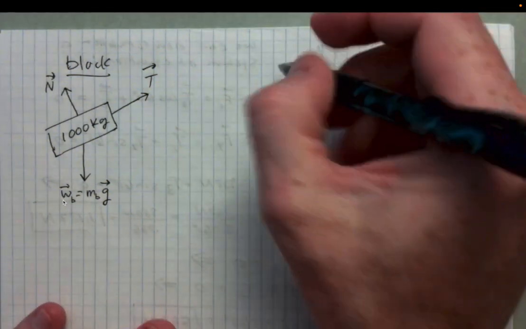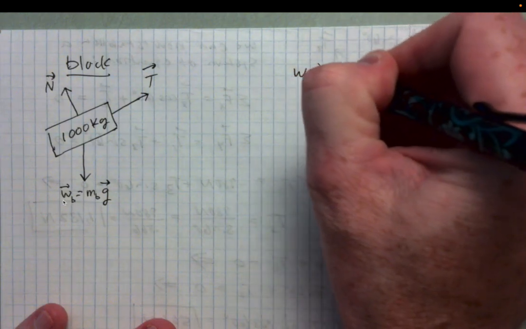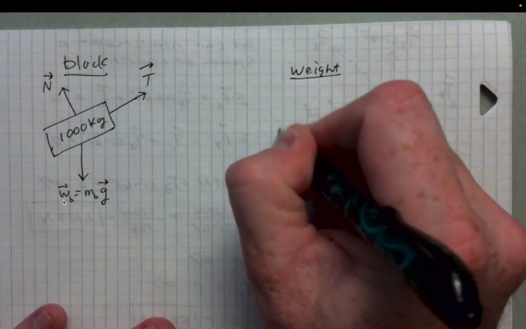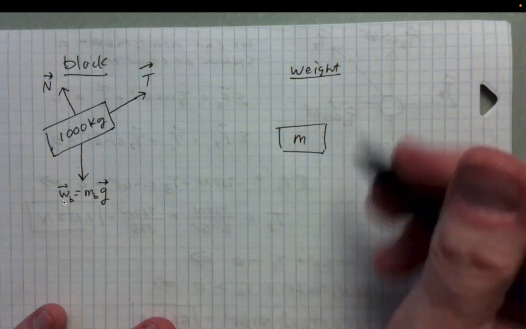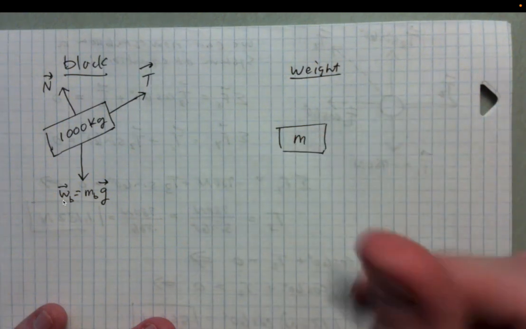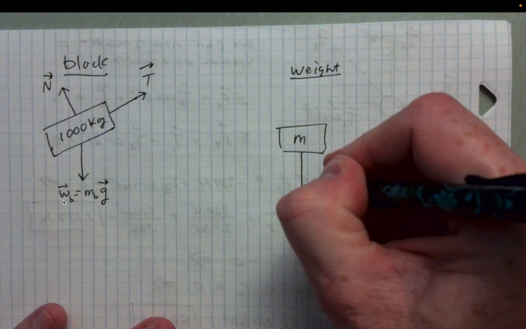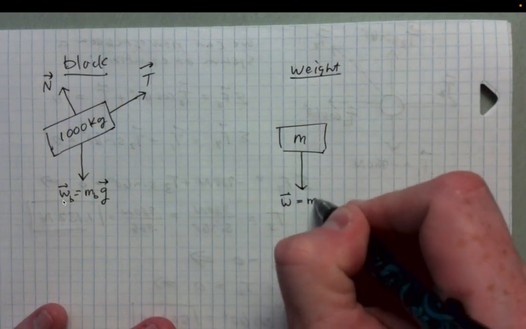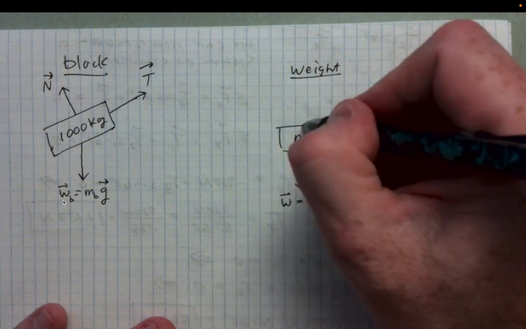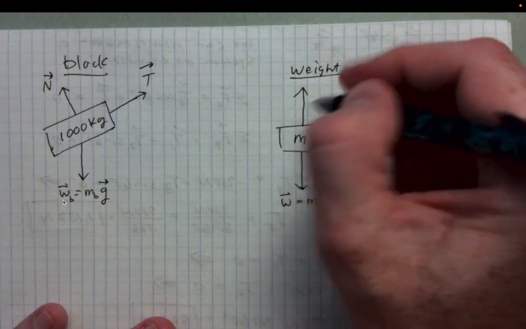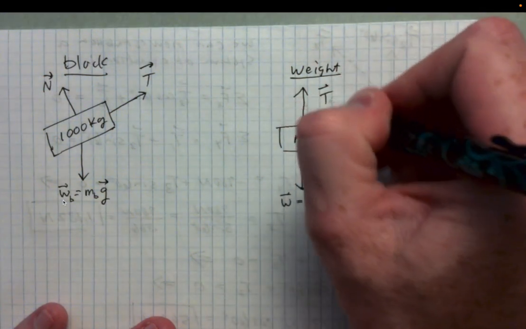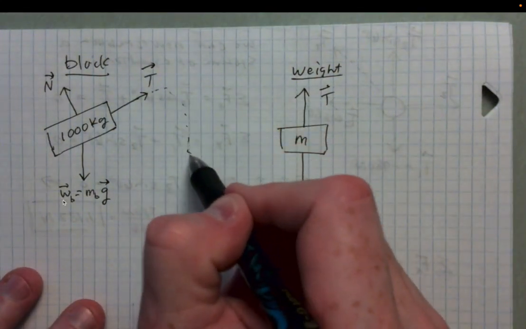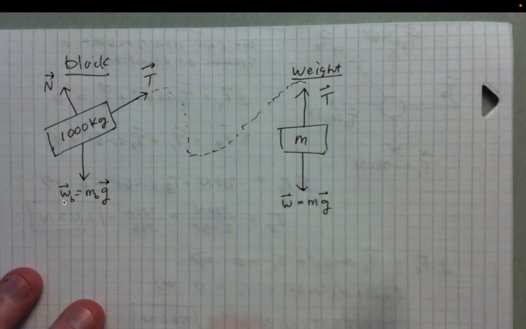Okay, and then secondarily in the problem we've got this weight. We'll just denote it here. We've got this object which has some unknown mass, which we really need to figure out. And obviously you've got gravity pulling this thing down, and so that's equal to mg. And then you've got the tension in the rope holding it up. Right? Remember, there's a rope that connects these two, so we can think of an action-reaction pair here between the two.